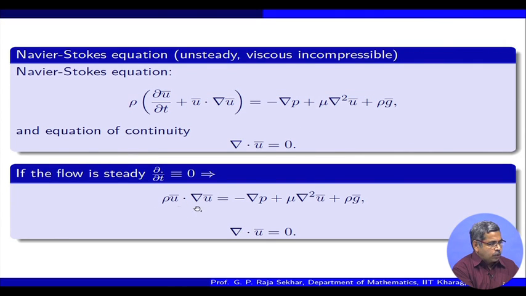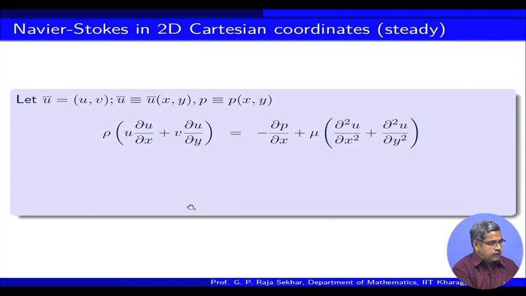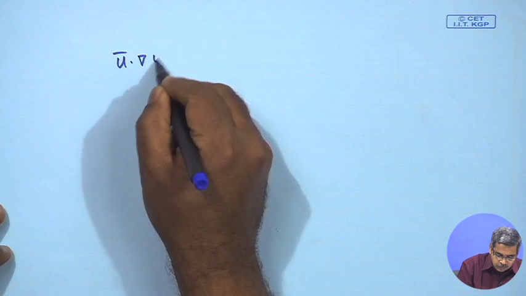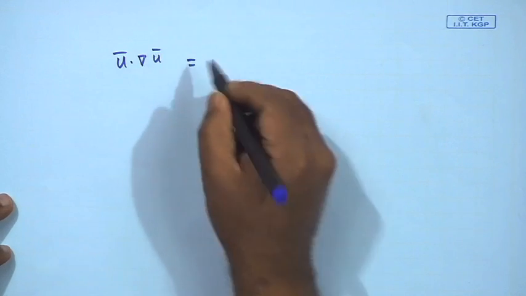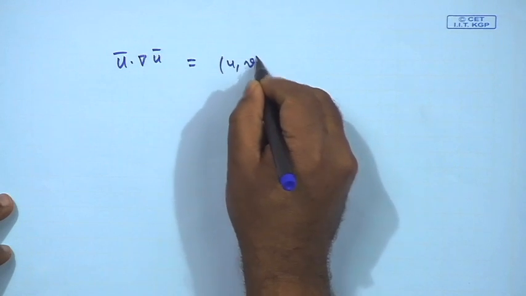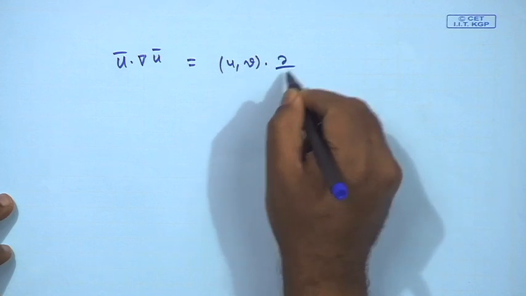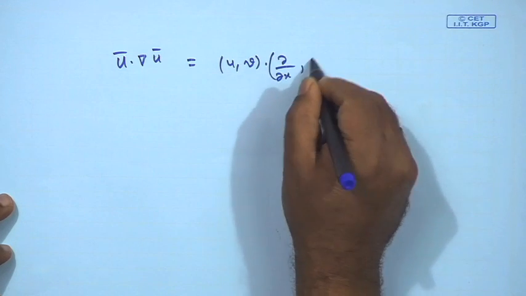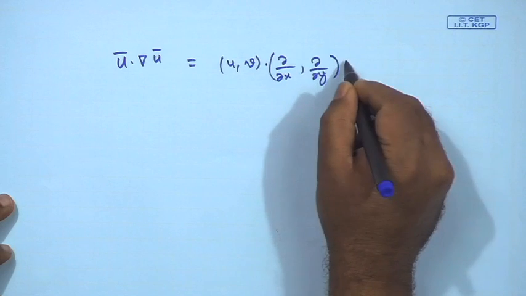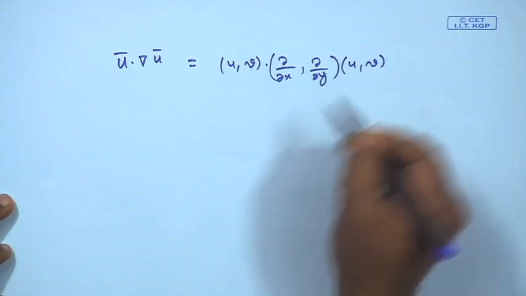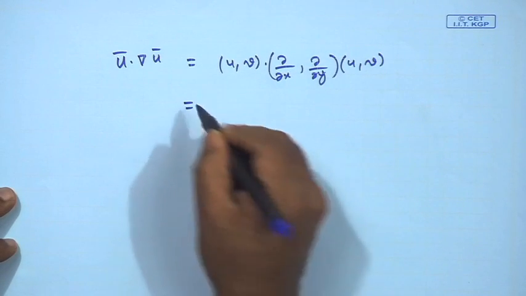So, we have to expand u bar dot grad u. So, this is nothing but the gradient operating again on u comma v. Okay.